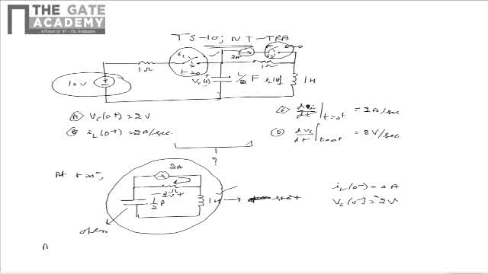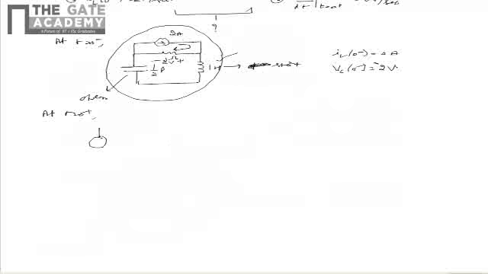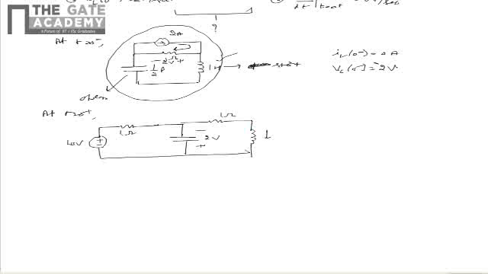So now let us analyze the circuit at t equal to 0 plus. From the given data, we see that at t equal to 0 plus, the 10 volts voltage source is connected to the circuit through the 1 ohm resistor, and the voltage across the half farad capacitor can be written as 2 volts with the polarities as marked, and there is a 1 ohm resistor and the 1 Henry inductor, and the inductor is carrying a current of 0 ampere.